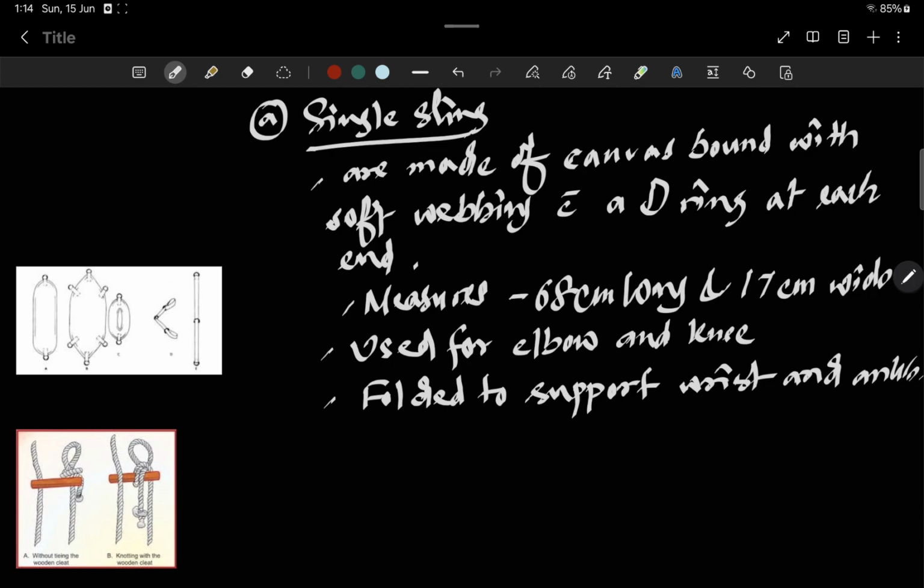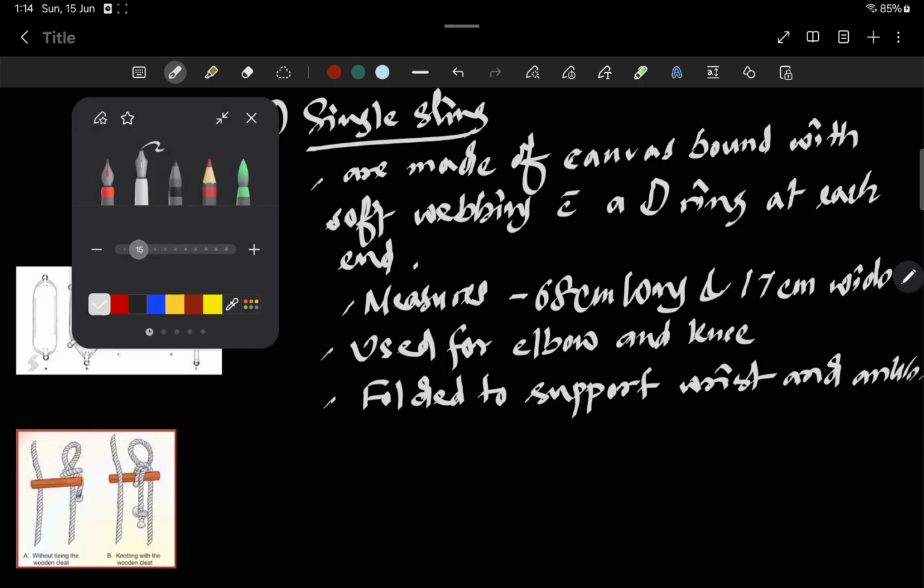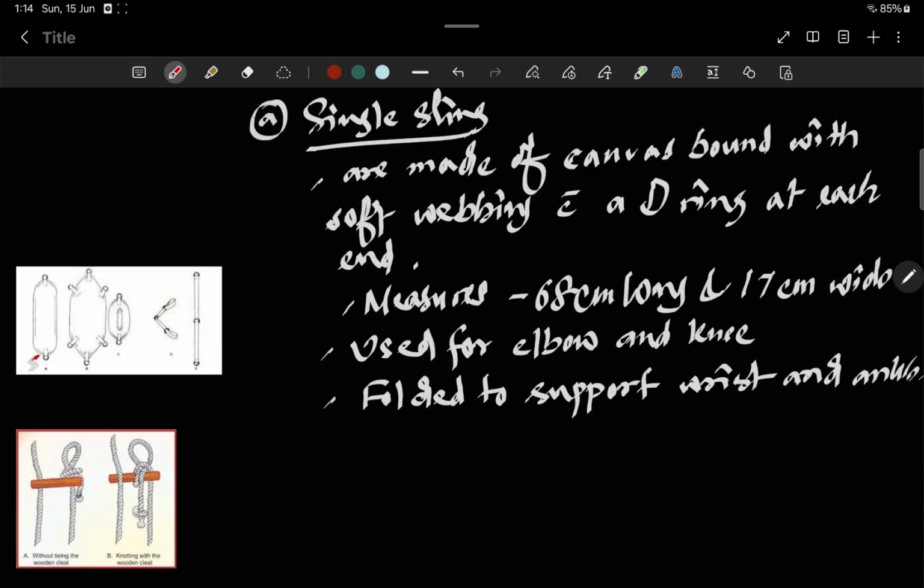Okay. This is the single sling. Single sling, which is double sling. Okay.